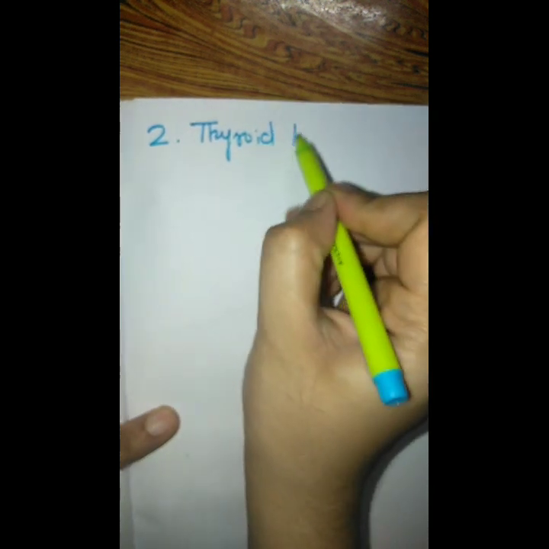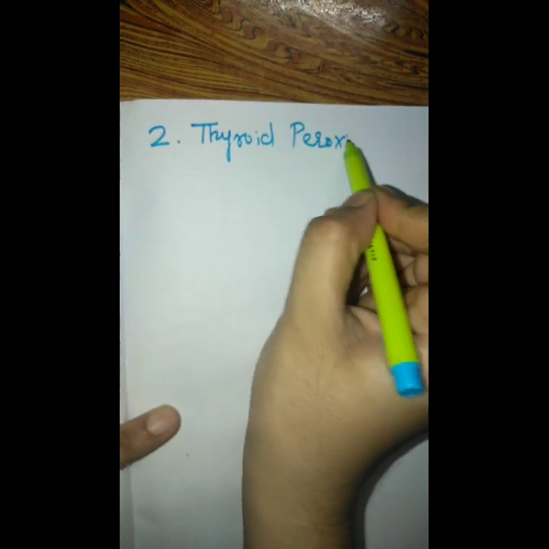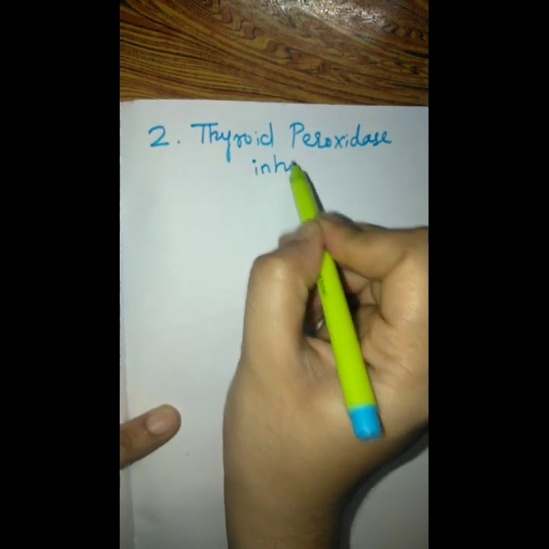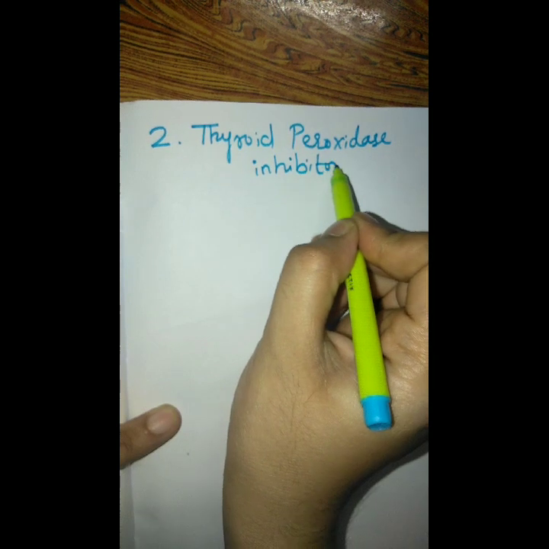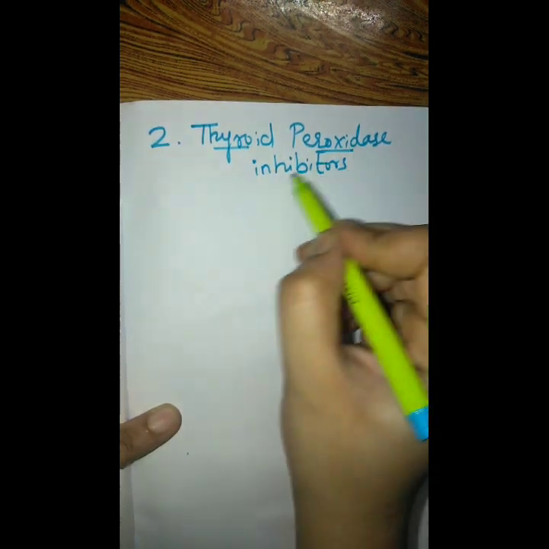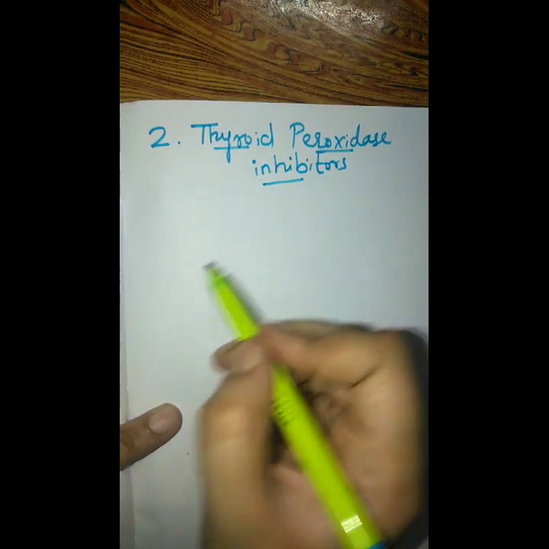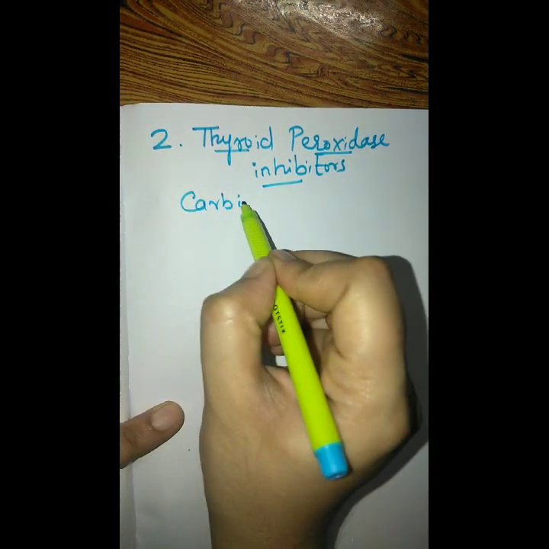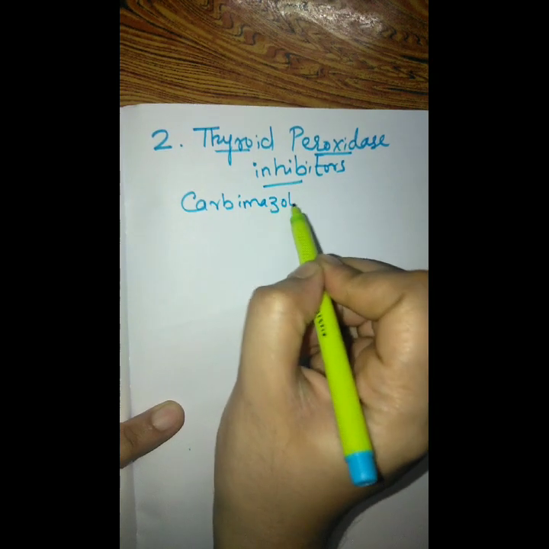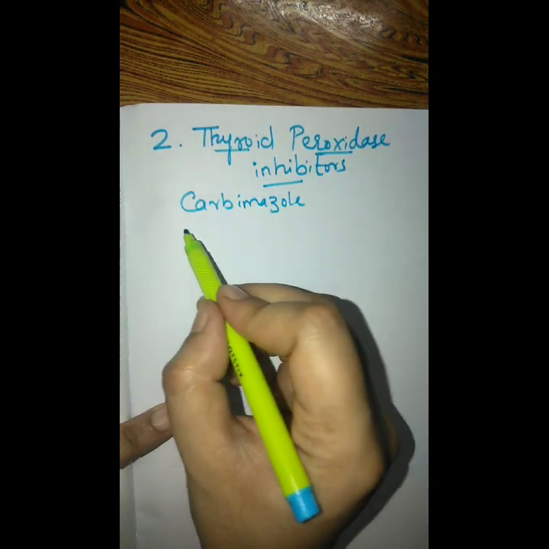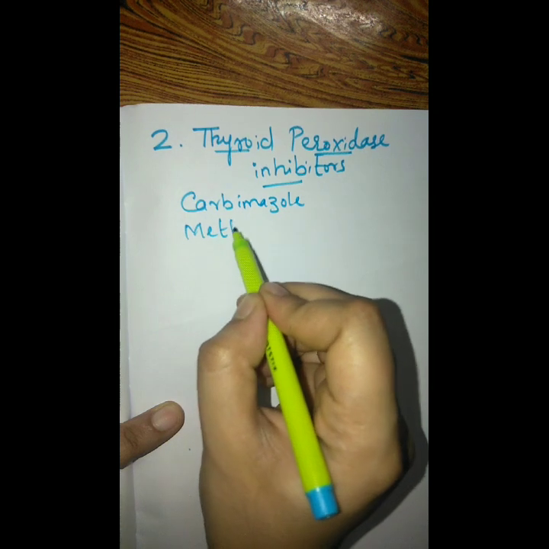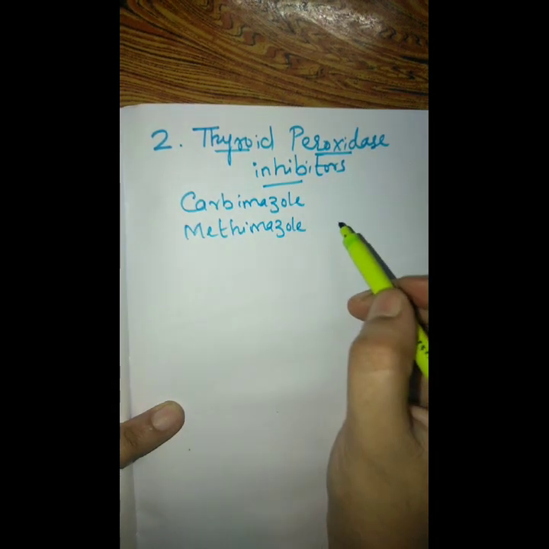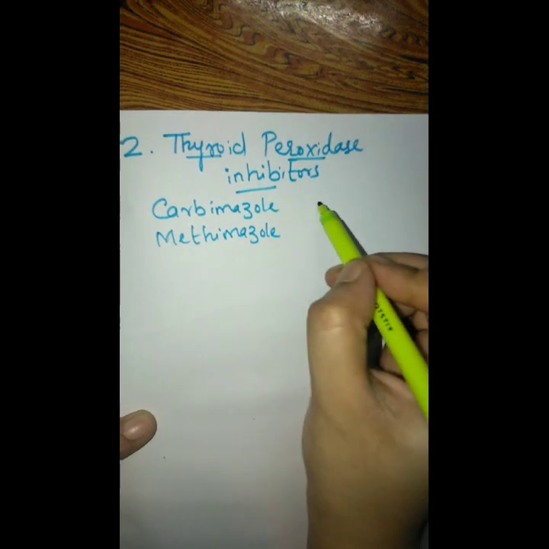The drugs coming under this class are carbimazole, methimazole, and lastly propylthiouracil.